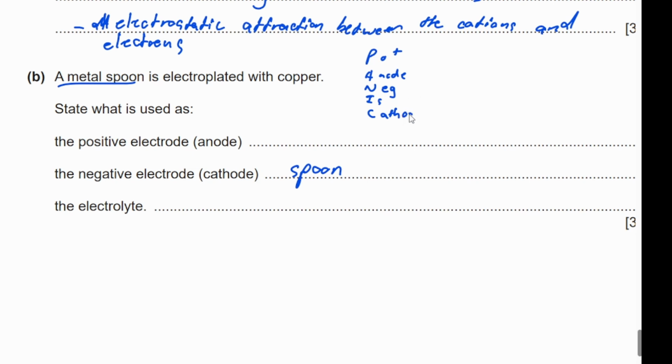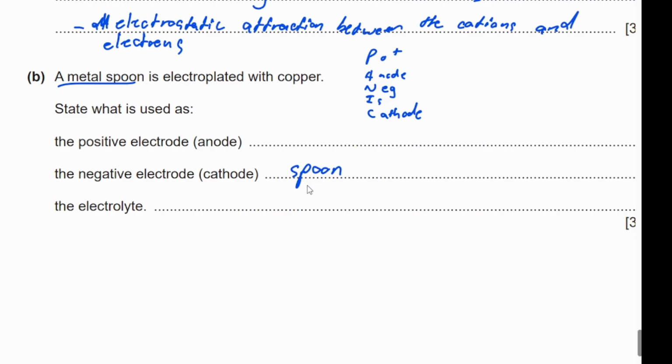So the cathode is the negative electrode. Since copper is a metal, the copper ions in the electrolyte would be attracted to the negative electrode since the copper ion is positive. Therefore, the thing you want to electroplate is always the cathode.